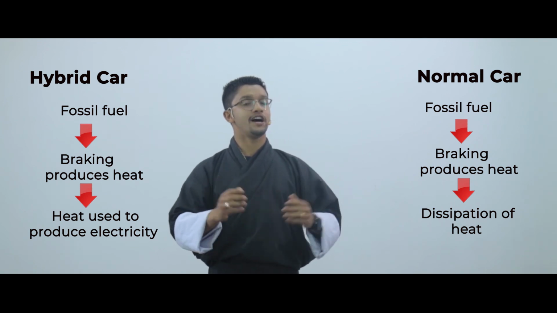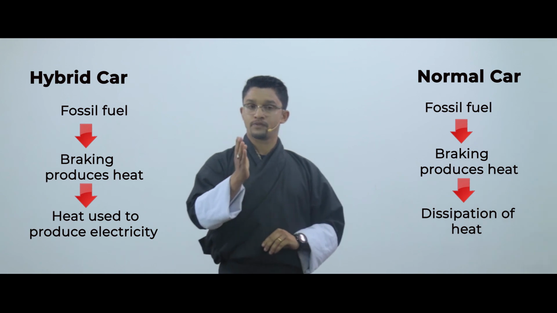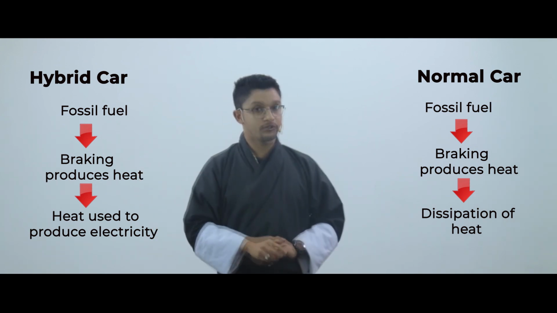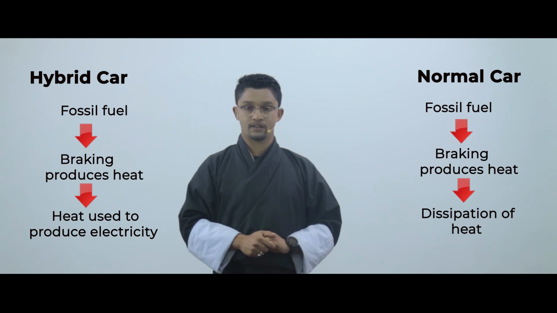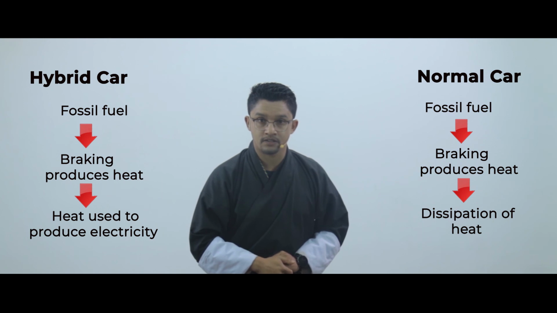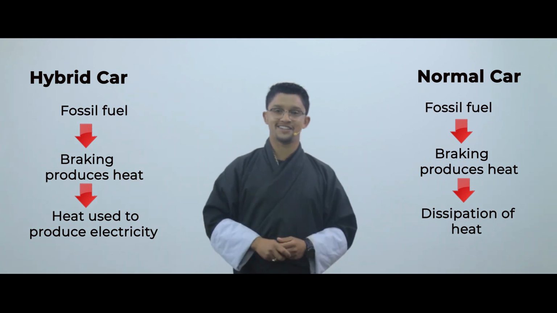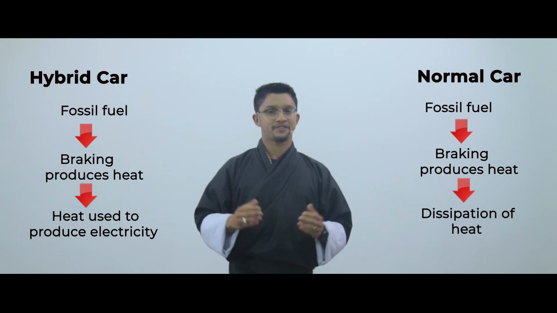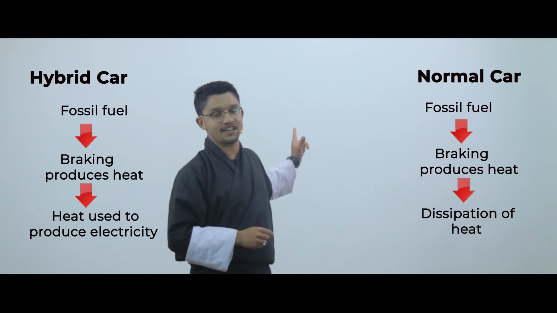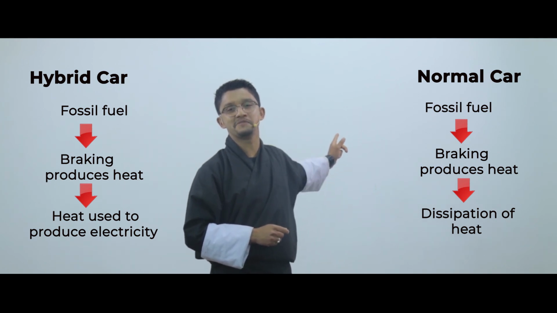Once the battery is charged, the car will automatically shift from fossil fuel to electricity, and it will continue to run using electricity. And once it shifts, the use of fossil fuel is minimized. So when we compare the two, what we see here is the fossil fuel consumption is very high in the normal car because it is not using the heat energy produced in the process.